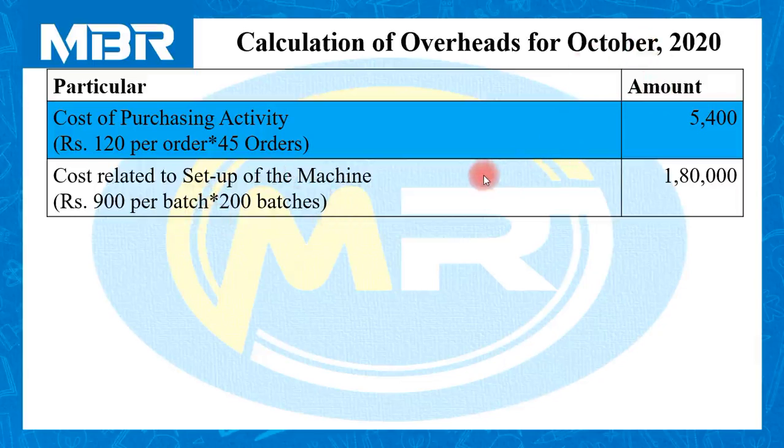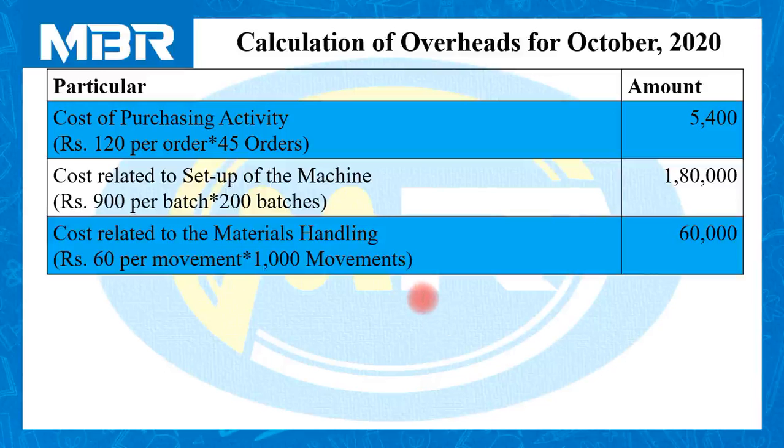So expenses transferred to October 2020 related to setup of the machine: rupees 900 per batch multiplied by 200 batches, total 1,80,000. After setup of the machine, let us enter one more overhead.